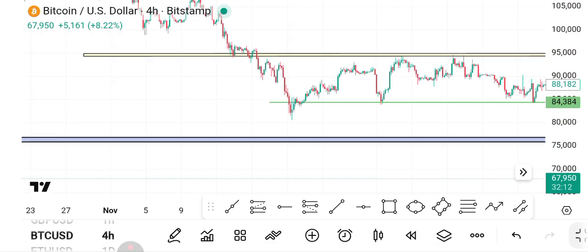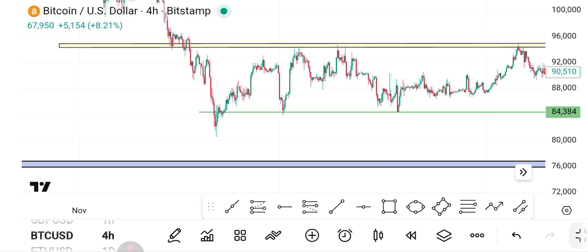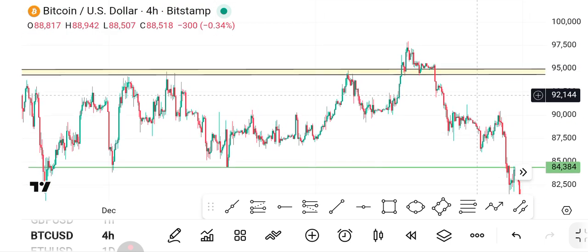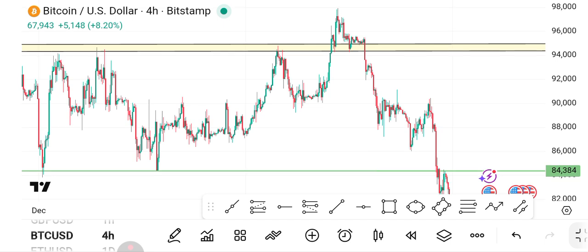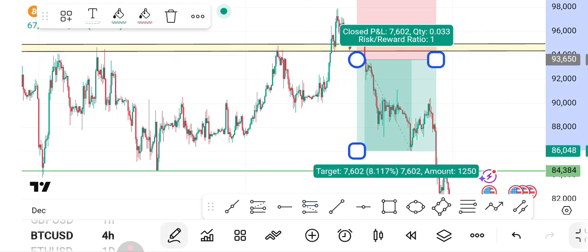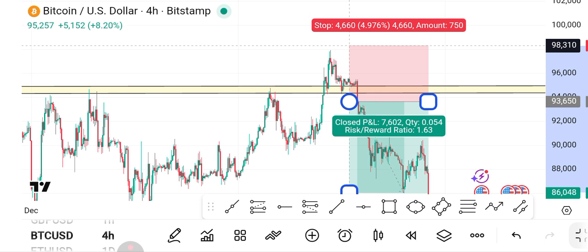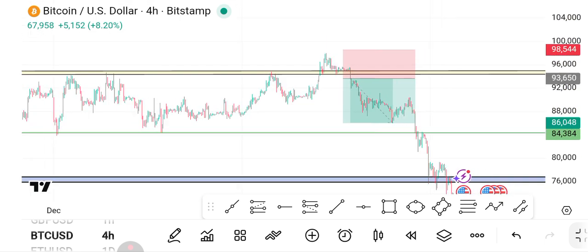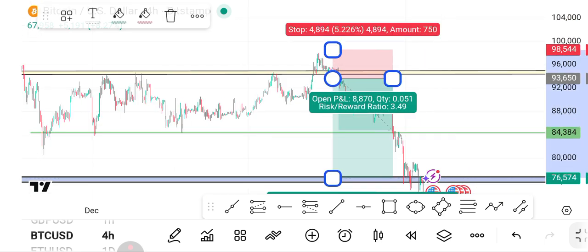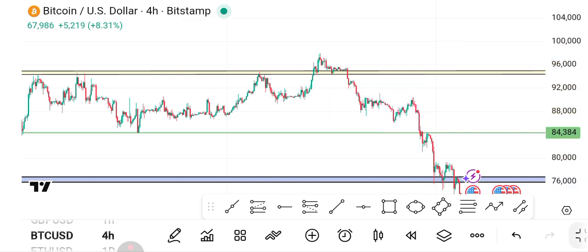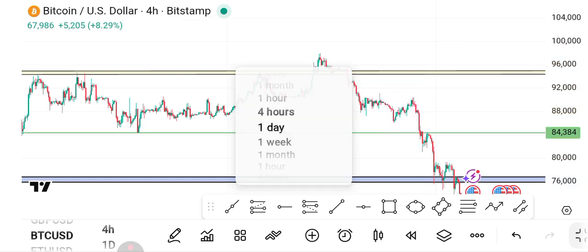I don't have one position actually. I have a second one. When we came here, price manipulated this level. Once it came back inside here, I entered for this trade, which I'm currently still holding. So you guys can technically see the pips that I'm making.